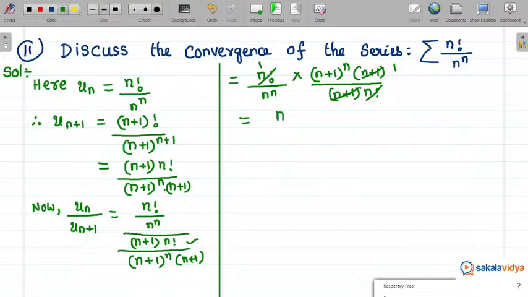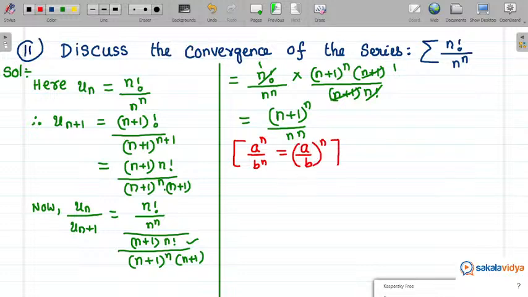We have n plus 1 whole to the power of n by n to the power of n. We know one beautiful formula in powers and exponents: a to the power of n by b to the power of n we can write as a by b whole to the power of n. With the help of this, we can write n plus 1 by n whole to the power of n. This we can write as 1 plus 1 by n whole to the power of n.